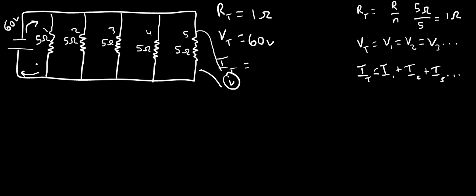So we apply Ohm's law when we determine the total amperage. We could determine it with Ohm's formula, E equals IR, and we're looking for I. That means the voltage, 60 volts, divided by 1 ohm, will equal 60 amps.